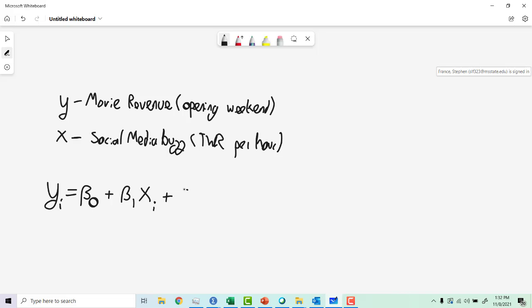And there's also going to be some sort of an error there. So this is the dependent variable. This is going to be what we call the intercept. And this is going to be the slope.